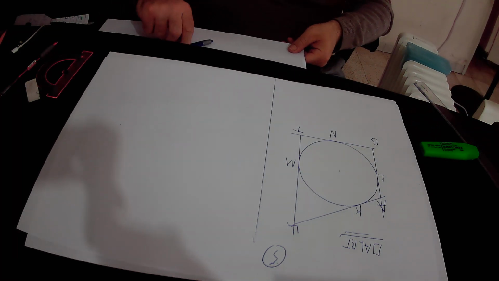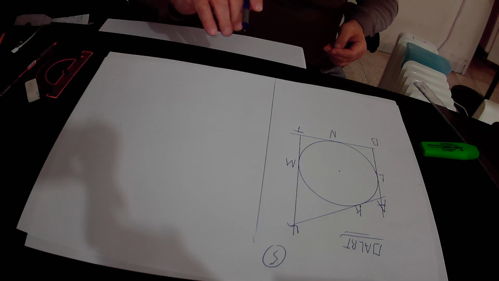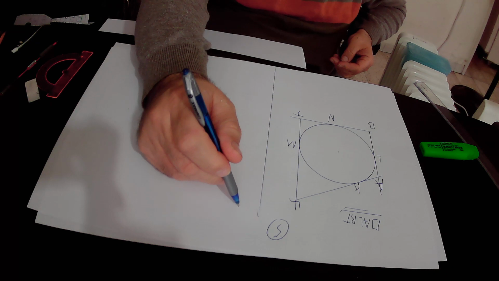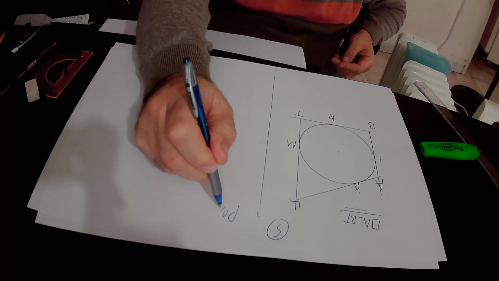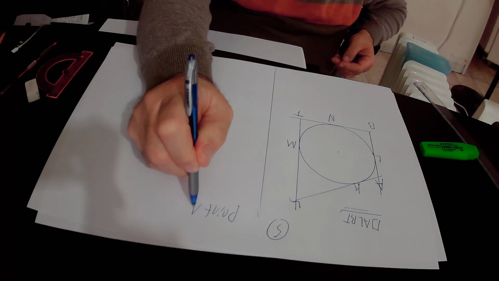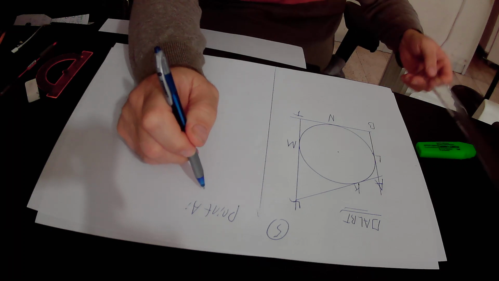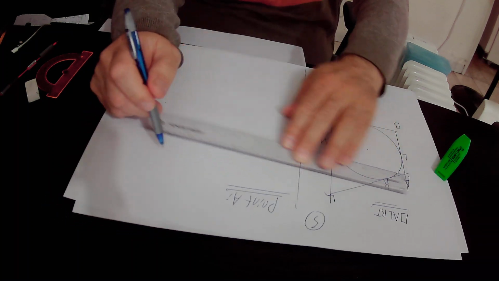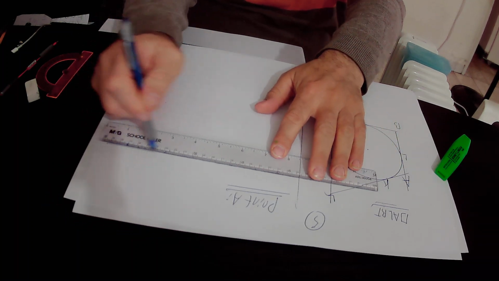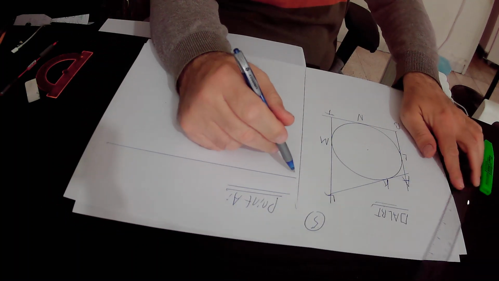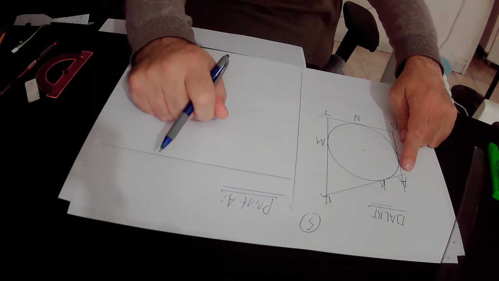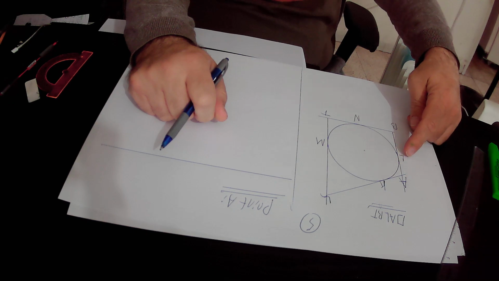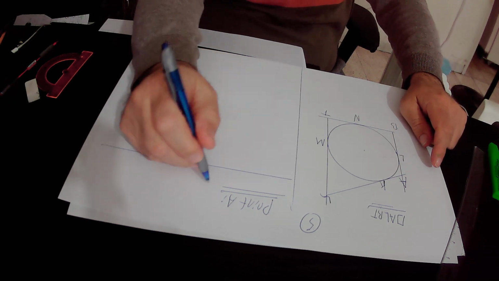Why? Because if we focus on the common external point, point A, from this point A, we have two tangents to this circle, tangent AL and tangent AK.